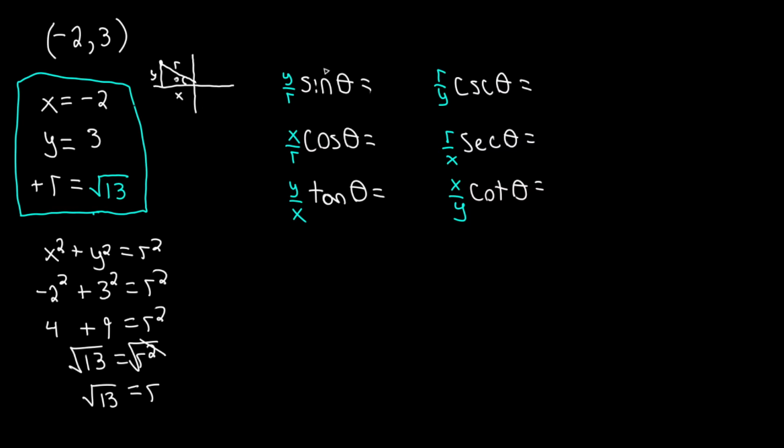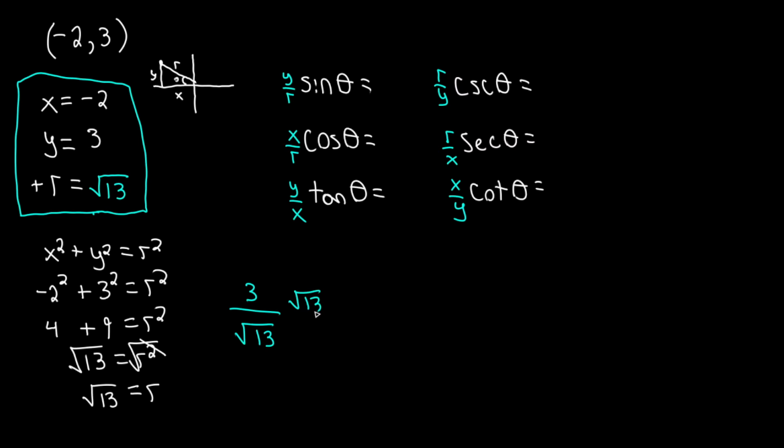What's y over r? It's 3 over the square root of 13, but we can't write it like that. Let me go back a second. So y over r would be 3 over the square root of 13. But I can't have this square root in the bottom.